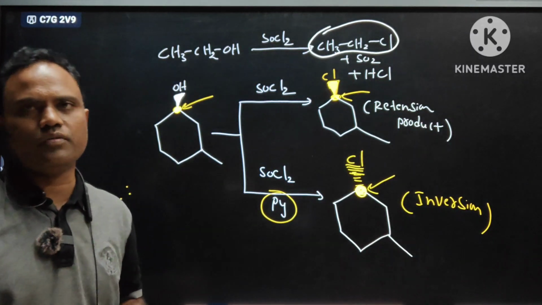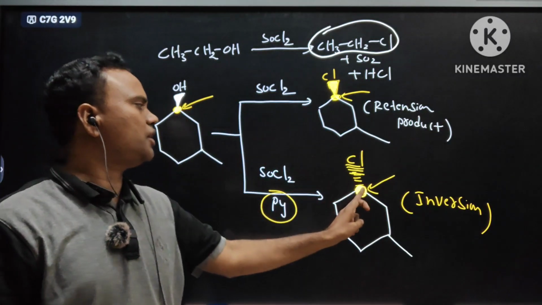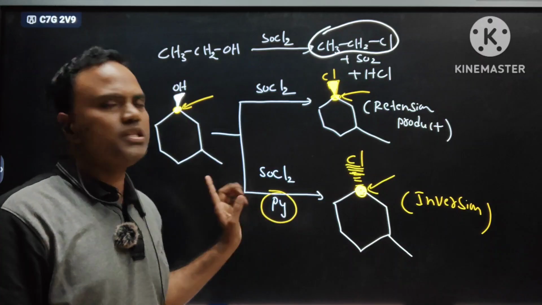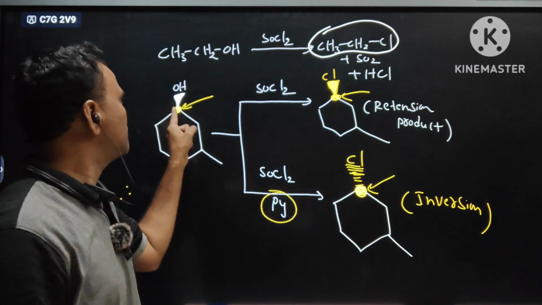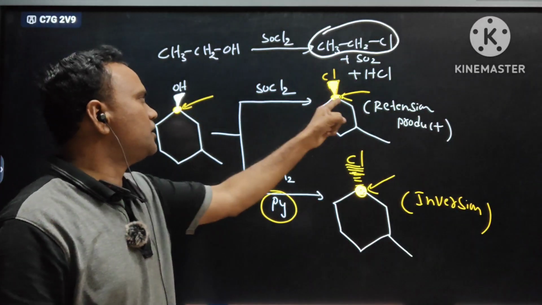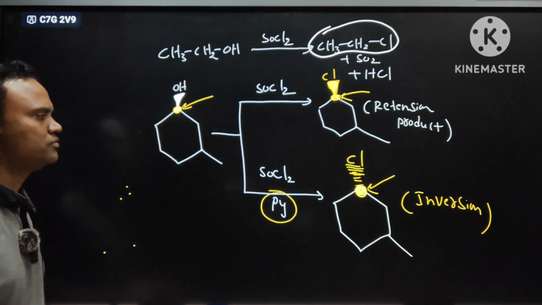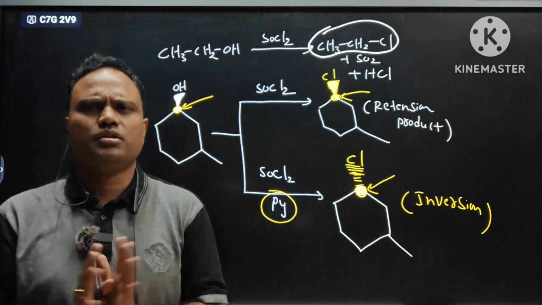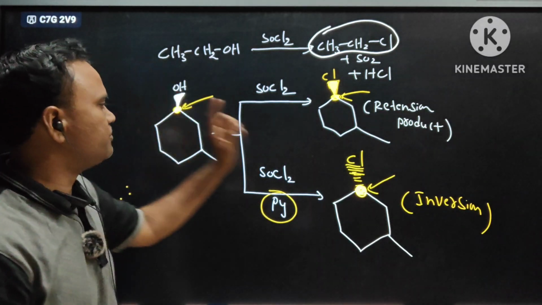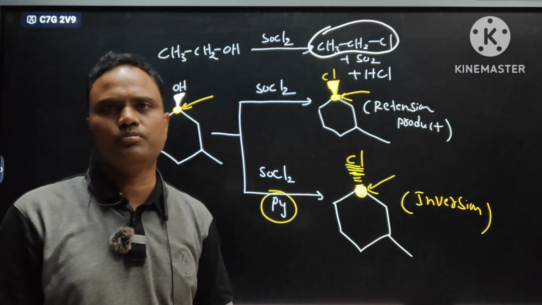If it is R, here you will get S. Without pyridine, if R, here also R. If S is present, here also S. Clear? All of you. Just change the configuration. If you observe a thick line, put a dash line. Simple, when pyridine solvent is given to you.